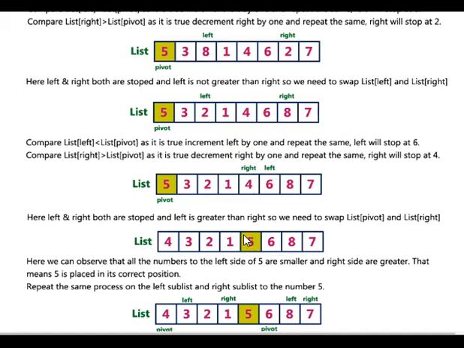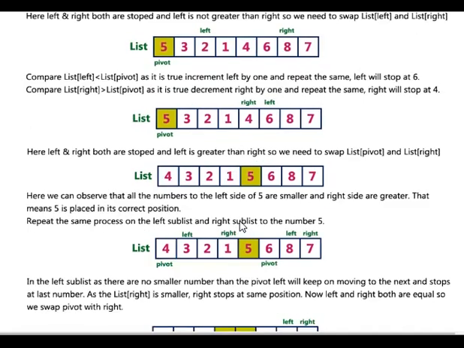So here the partition will happen. Now the partition of the pivot, here 5: from 5, all the elements on the left side are less than the pivot element, and the right side is greater than the pivot element.